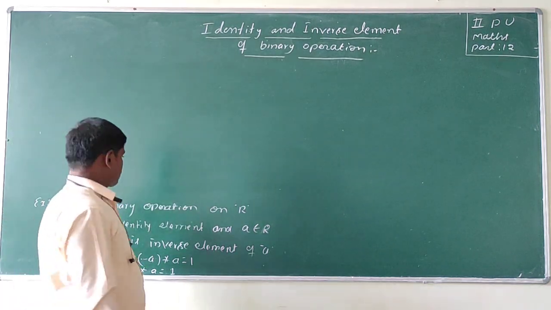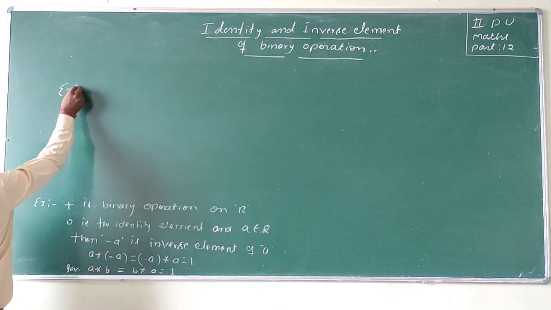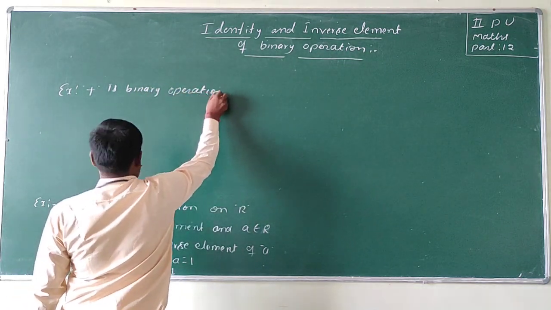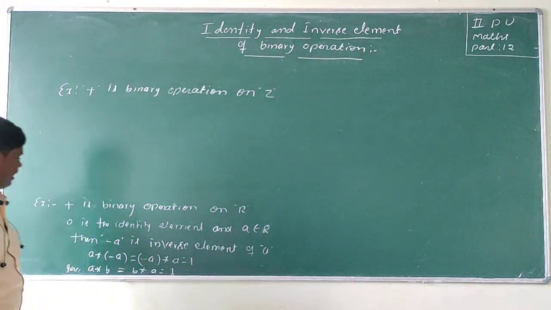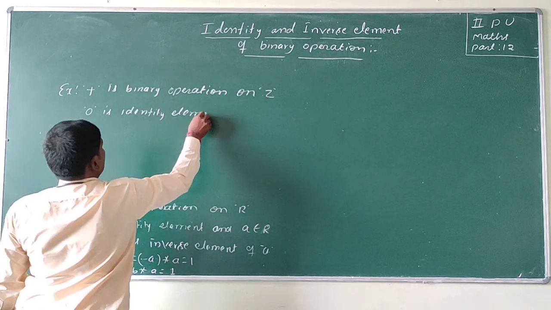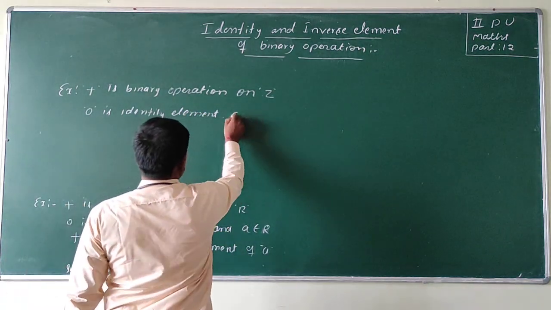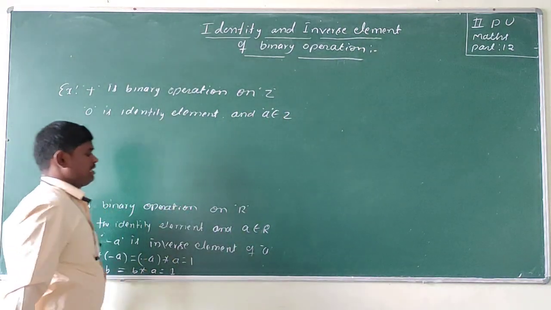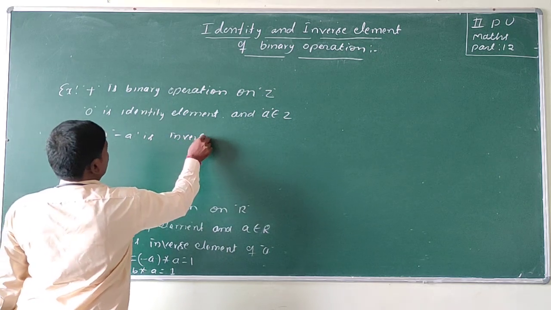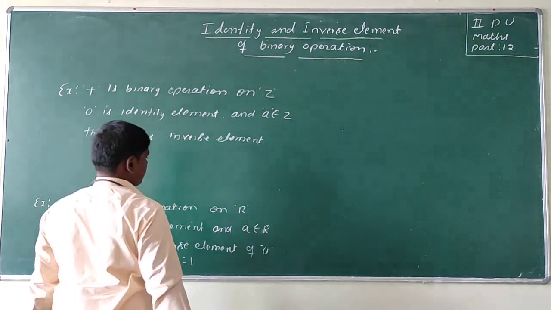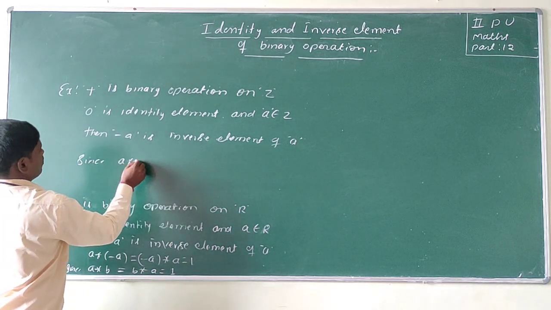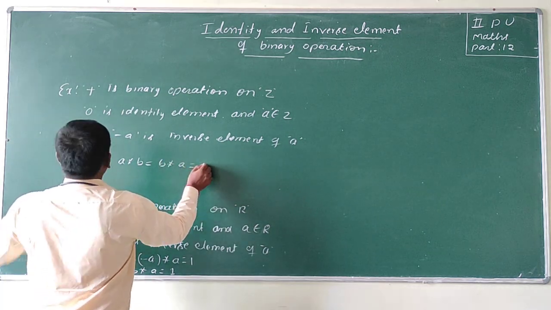Okay, one more example. Plus is a binary operation on Z. 0 is the identity element and a belongs to Z. So minus a is the inverse element of a, since a star b is equal to b star a is equal to the identity element 0.